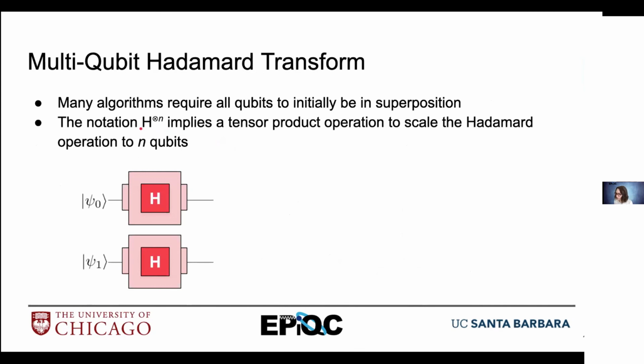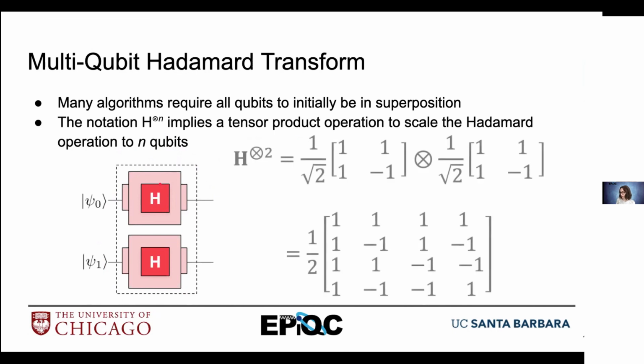Take note of this commonly used notation, where we have H representing our Hadamard operation raised to the tensor n. That implies a tensor product operation to scale the Hadamard to n qubits, and that simply allows us to take a grouping of parallel Hadamard operations and combine them with tensor.